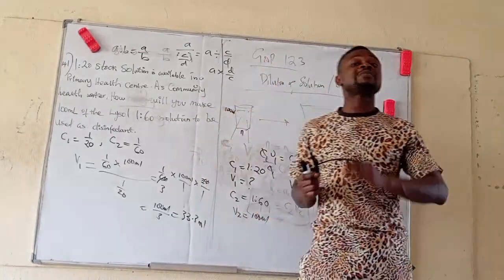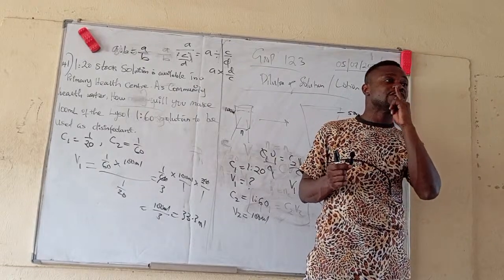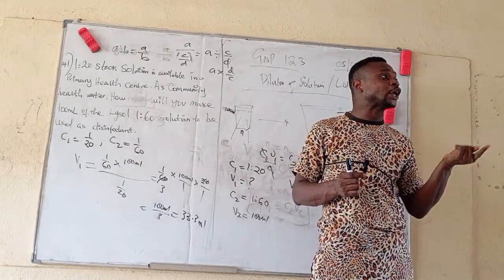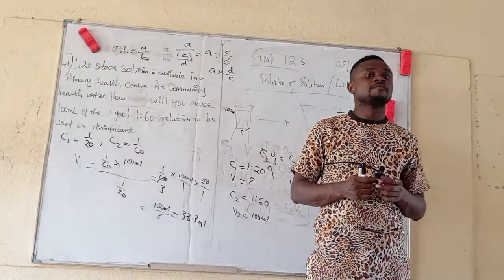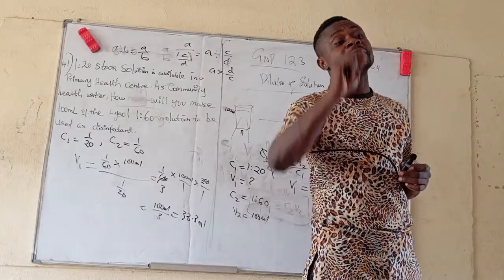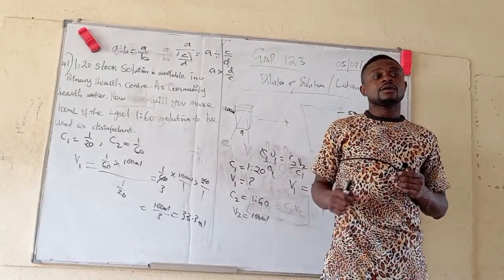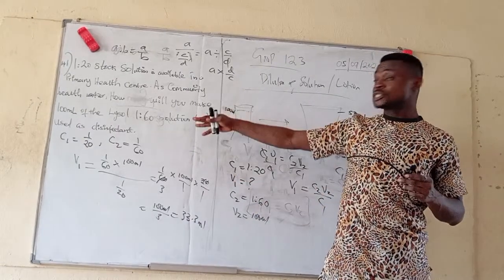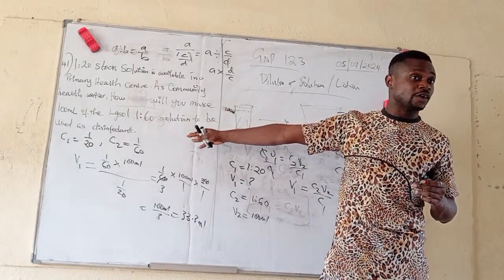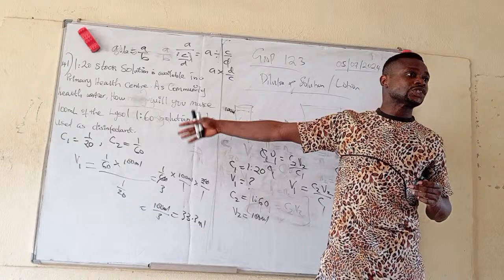So you use the same dilution formula, but make V2 the subject of the formula, because we are looking for V2. If you want to get 100 ml, bam. From the question, we are looking for V2, so make V2 the subject of the formula.